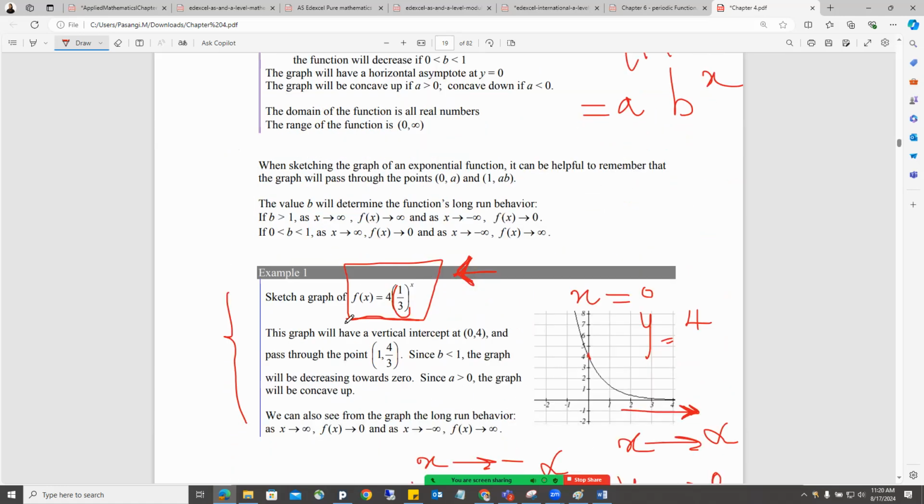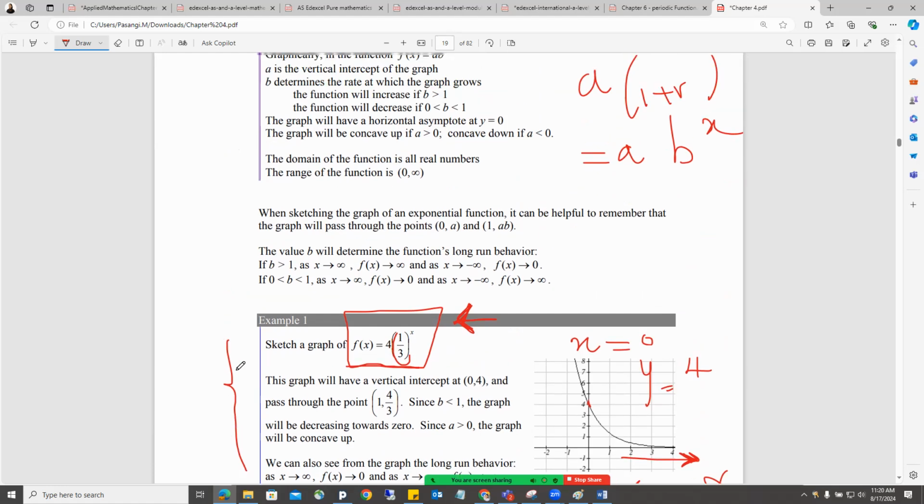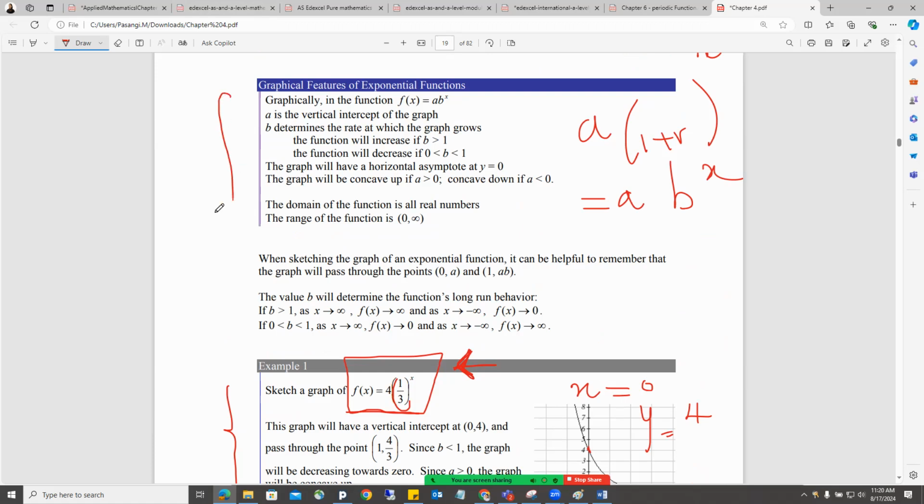So when they ask you to draw a graph, you have to give all these points. Those are the things they have theoretically explained here. When the value b is in between 0 and 1, such as 1 over 3, then the function will be a decreasing function.